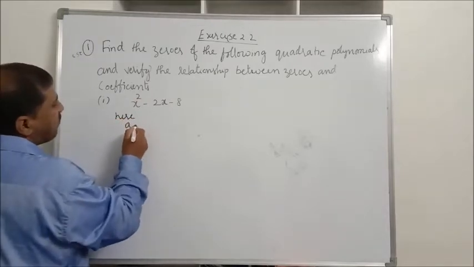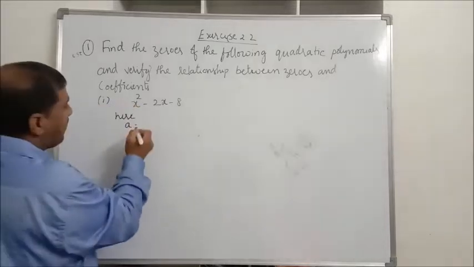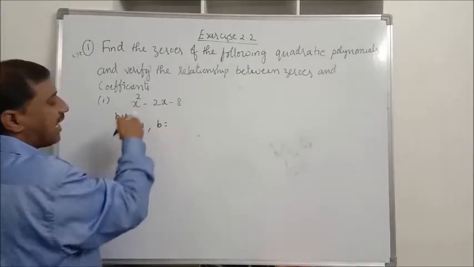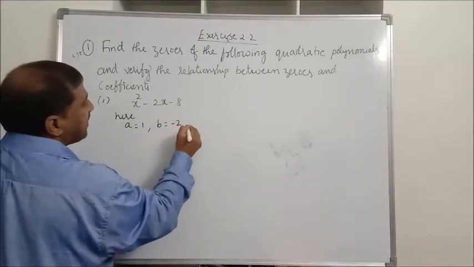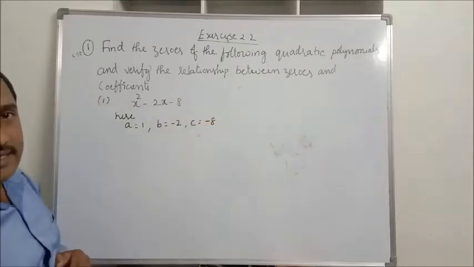A is the x square coefficient, and as there is no number, it is always 1. Therefore a is equal to 1. Then b is equal to the x coefficient, which is minus 2. Then c is the constant, which is minus 8.